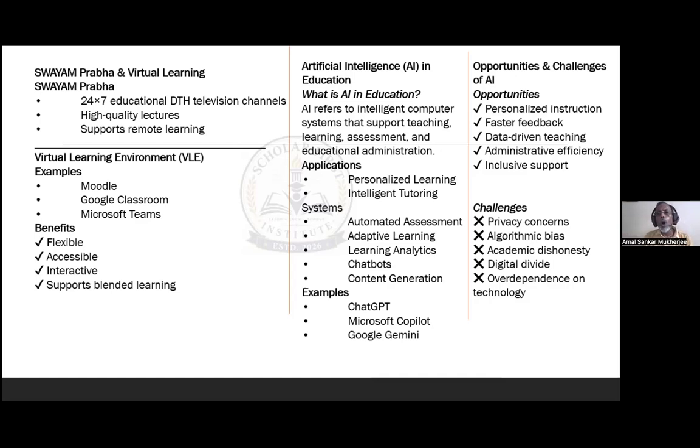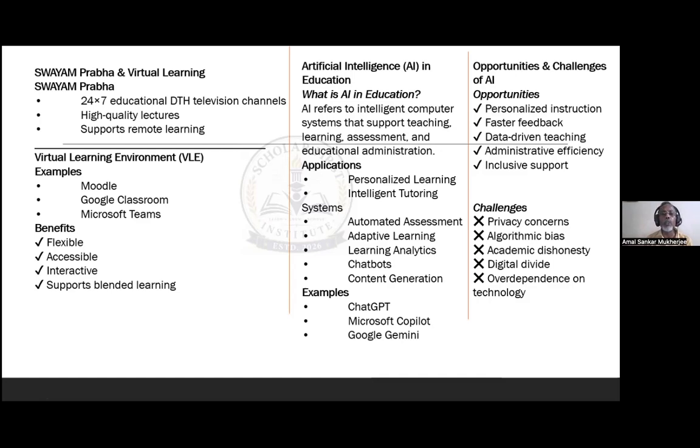What are the opportunities and challenges of AI? Opportunities mean advantages, and challenges are the limitations of using AI in the education system. Opportunities: personalized instruction, faster feedback, data-driven teaching, administrative efficiency, inclusive support.